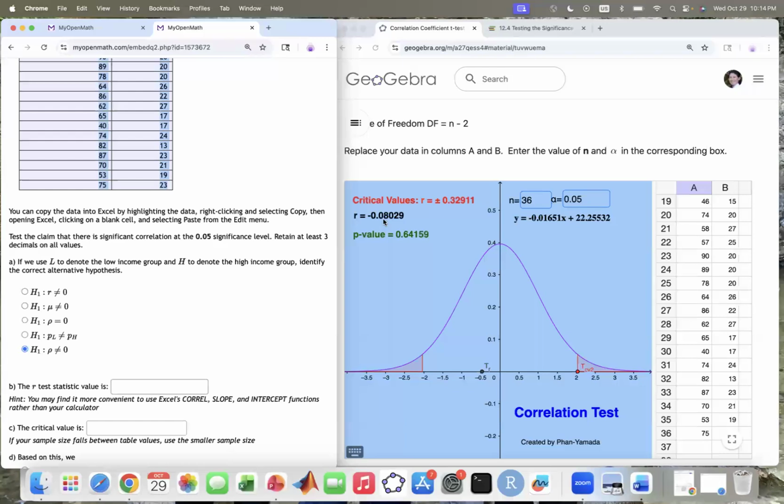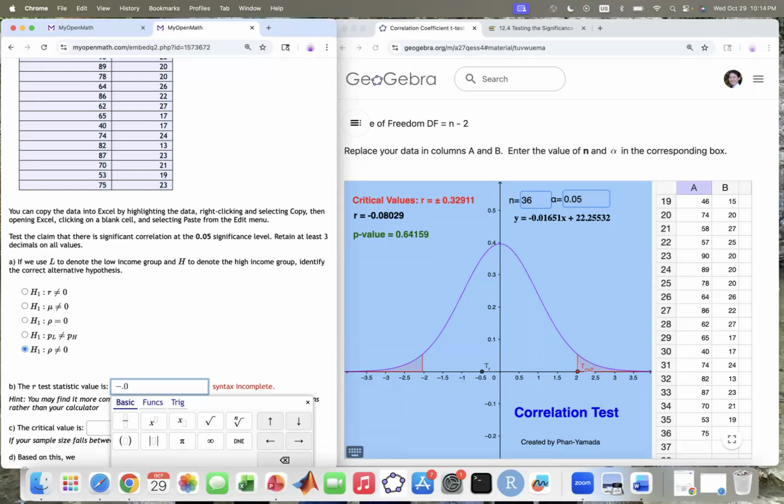For the test statistic, I want 3 decimals, so it would be negative 0.0803. They say at least 3, so I'm going to give them 4.